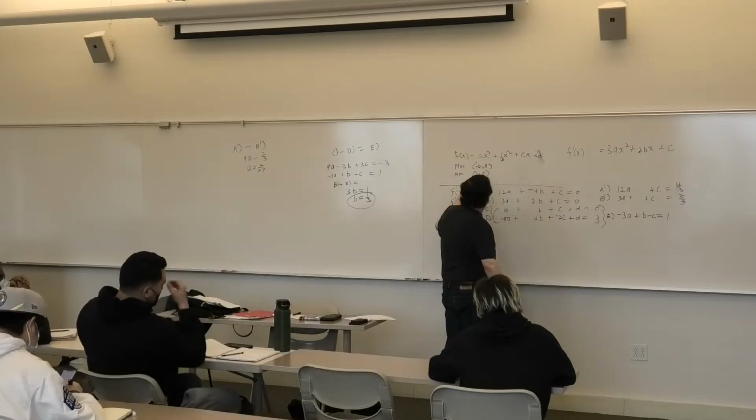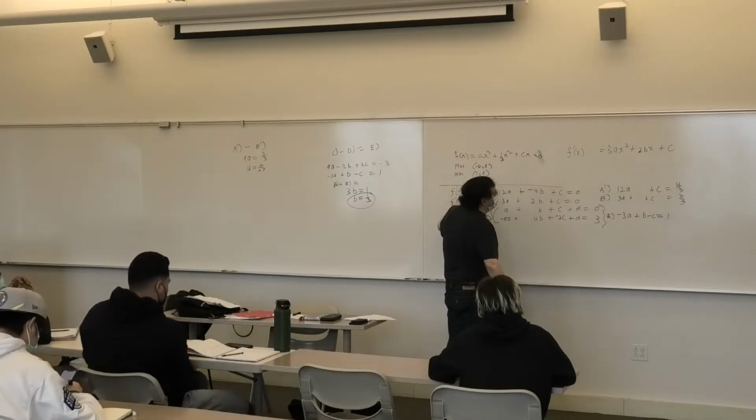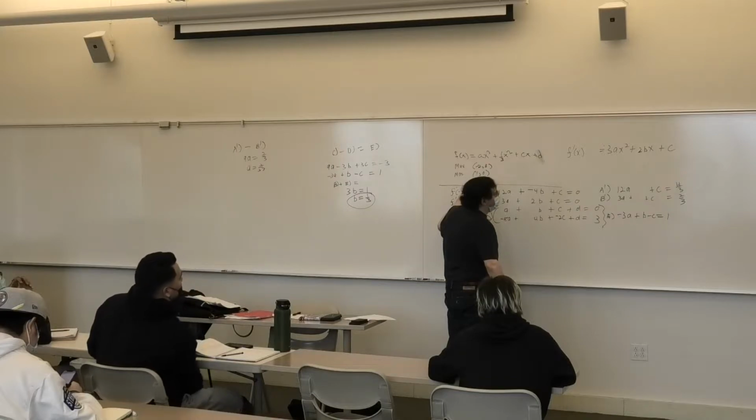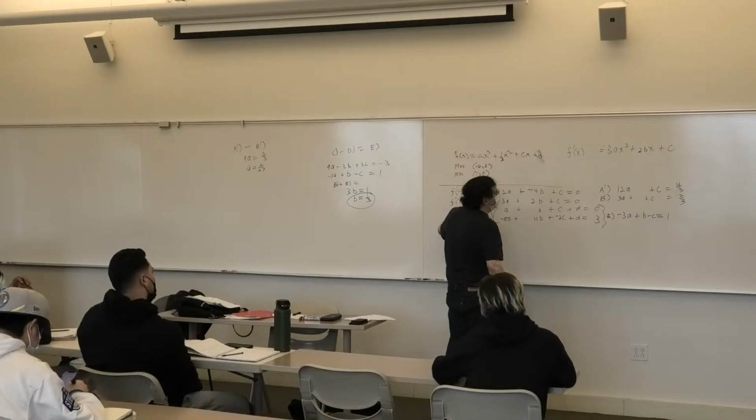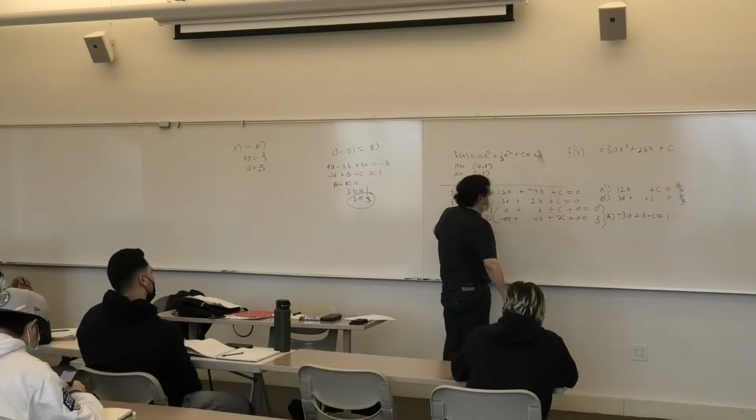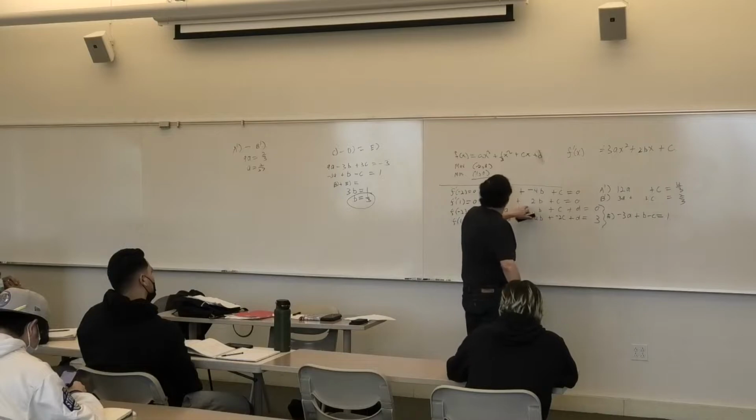At -2 it is 12a minus 4b plus c. At 1 it is 3a plus 2b plus c, okay. And where did I?